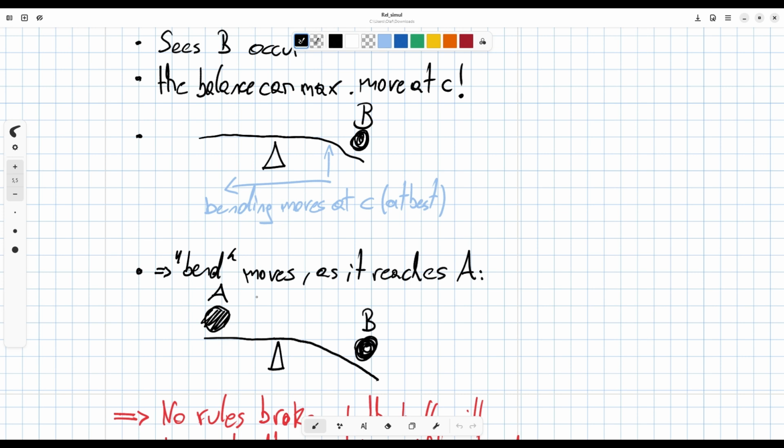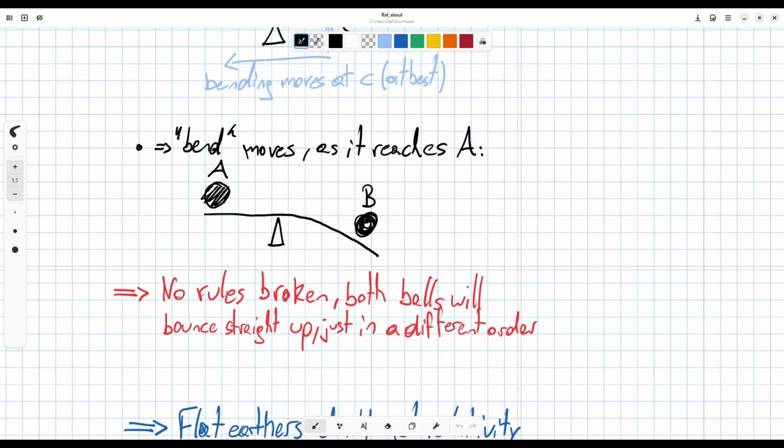So this is what I think would happen. I maybe haven't drawn it in an ideal case here, but this is what I think would happen. So no rules are broken, no laws of physics were violated. Both balls will bounce straight up, just in a different order.